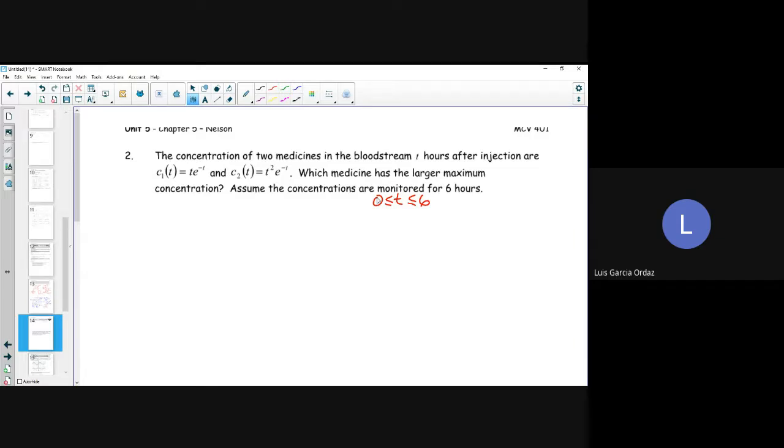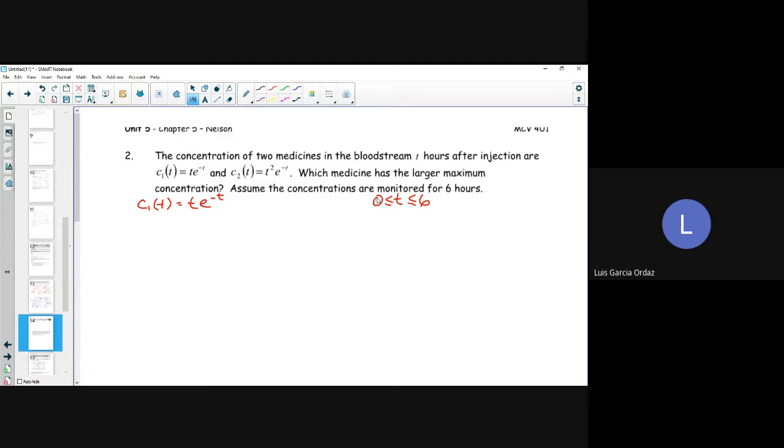So let's try to see what happens when we try to take the derivative of the first medicine, which is C1 in terms of T, is equal to T times e to the power of negative T. So I have two different functions. So what derivative law do I need to use here? You have two functions.